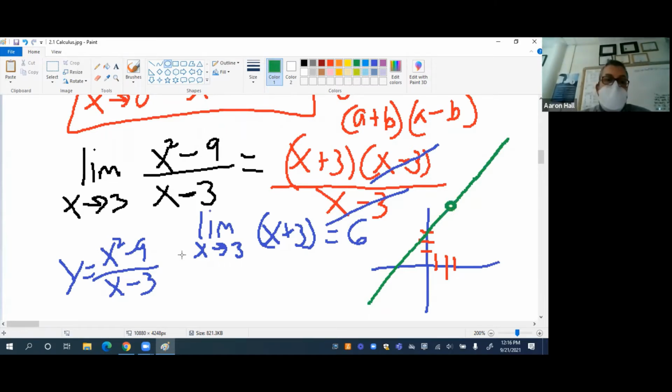Okay, there you go. That's what that graph looks like. There's a hole there. And the corresponding y value when x is 3, oops, wrong tool. Let's go back. If this is 3, the corresponding y value is 6. Yeah, we figured that out to be 6. Okay, nice.